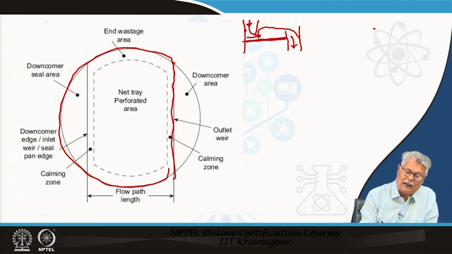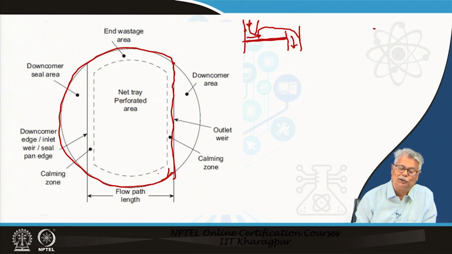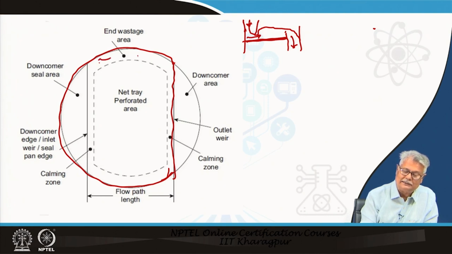That means, I will be fixing it on some fixture which is permanently fixed with the column. It will be bolted. We will look at the features of those. Quite naturally, if you are bolting it here, you cannot have any vapor dispersers placed in this area. So, this area will be the end wastage area.